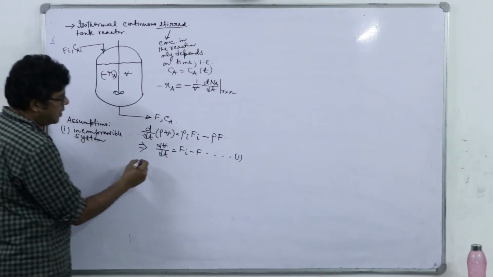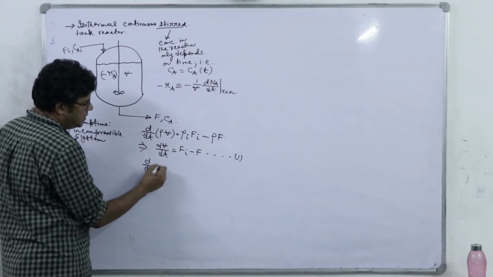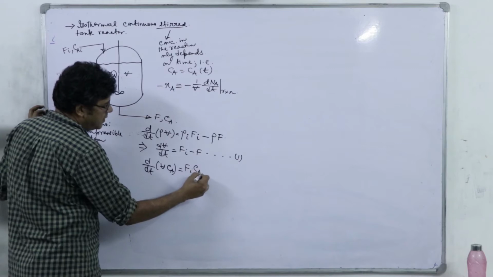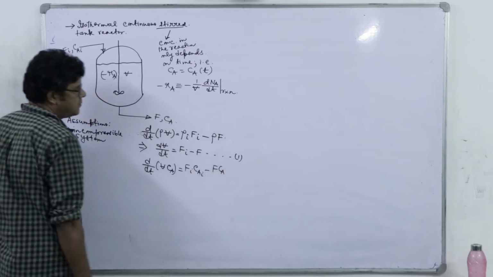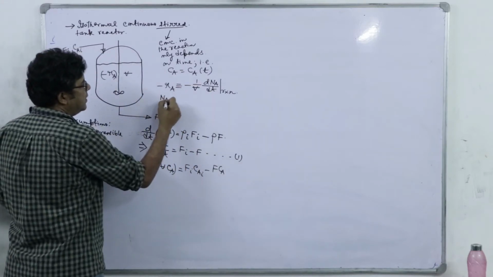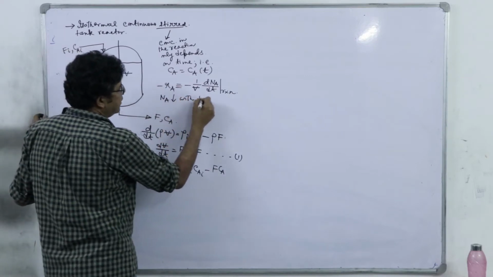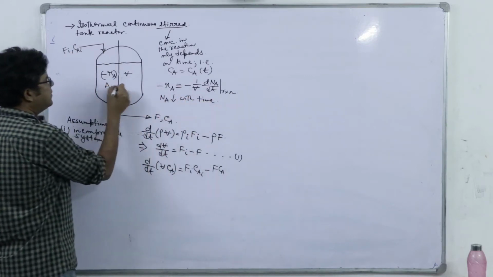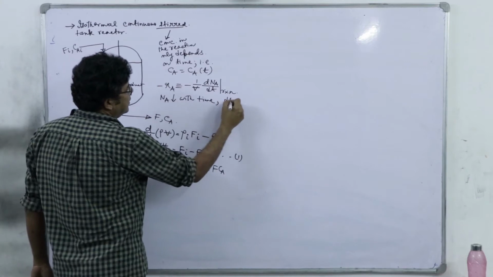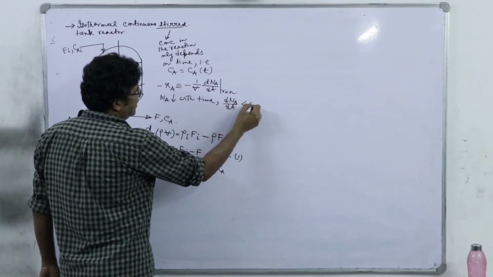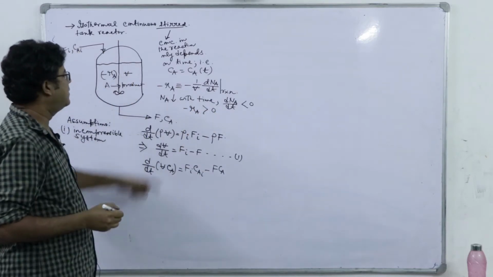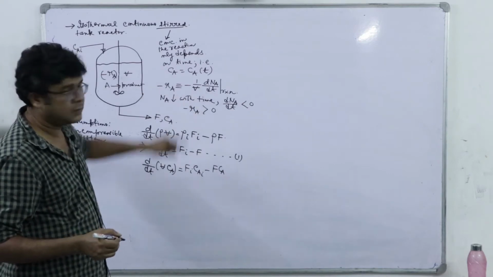Now, next it is a component balance. So, d/dt of V into Ca equals Fi Cai minus F Ca. Then see here that Na decreases with time, as the reaction taking place is A giving product, right. So, dNA/dt, we will see it in reaction engineering, is negative. So, minus Ra is positive, because we are including a minus sign here.